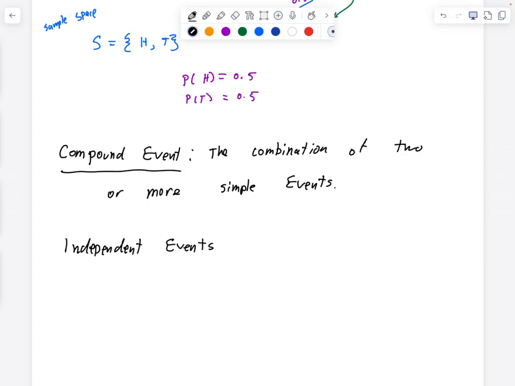So independent events means that the probability of one simple event does not change future probabilities.